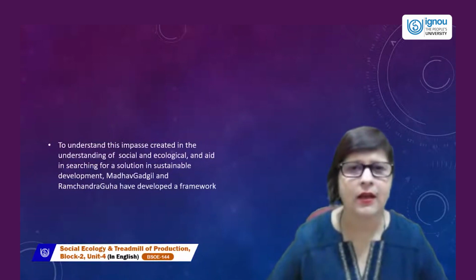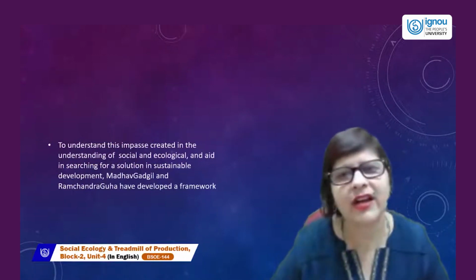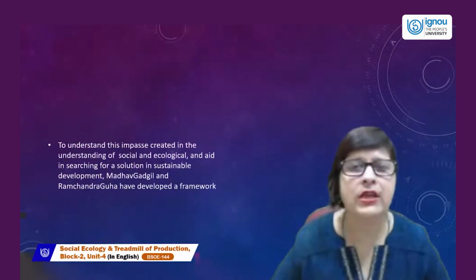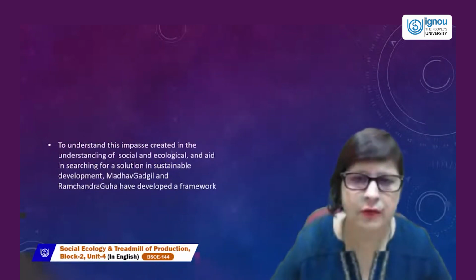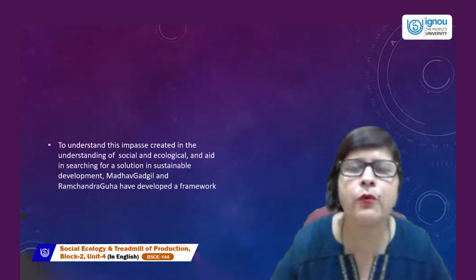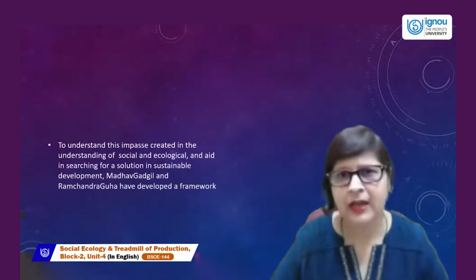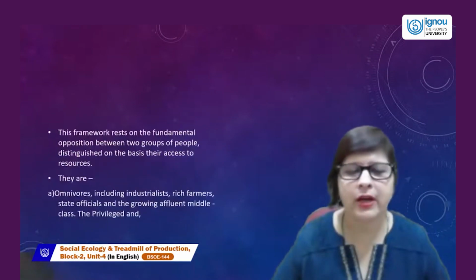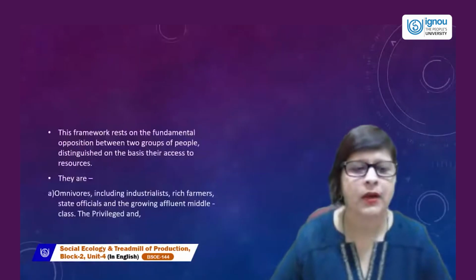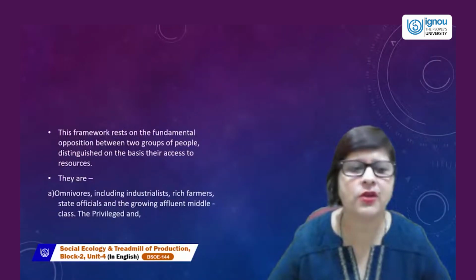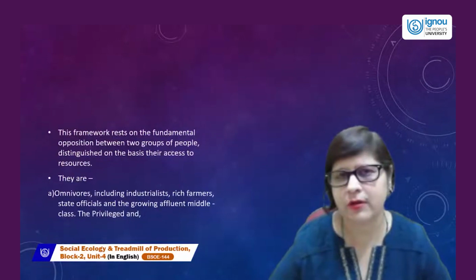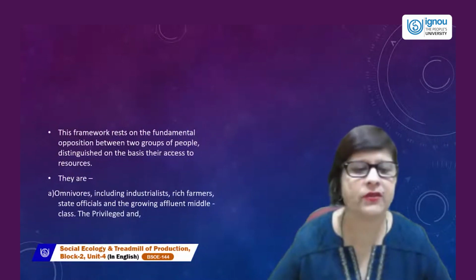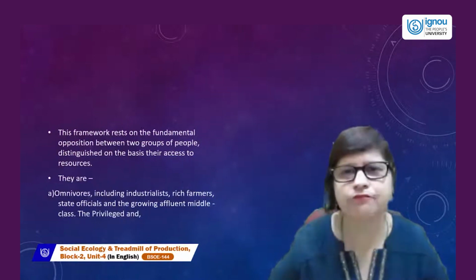In this area, Madhav Gadgil and Ramchandra Guha developed a framework, right? How we can go for sustainable development. Ramchandra Guha and Madhav Gadgil developed a framework, and this framework rests on the fundamental opposition between two groups of people, distinguished on the basis of their access to resources.